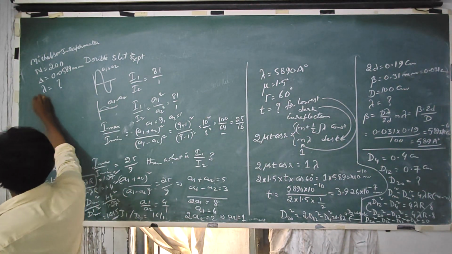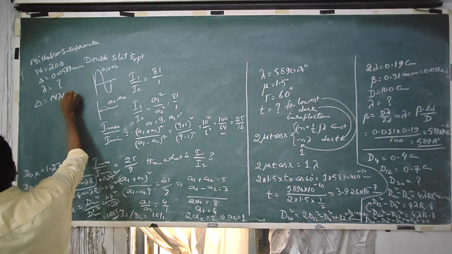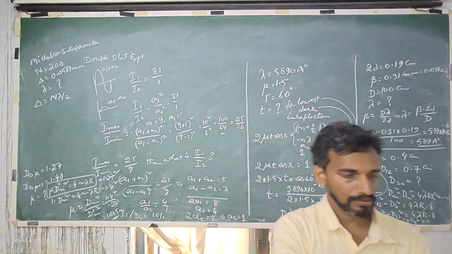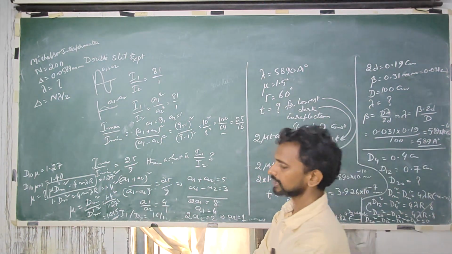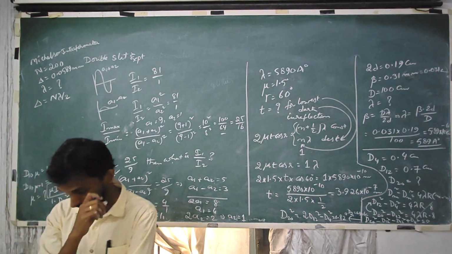So here the equation is delta is equal to n lambda by 2. The displacement of the mirror, delta, is equal to number of fringes shifted multiplied by lambda by 2.